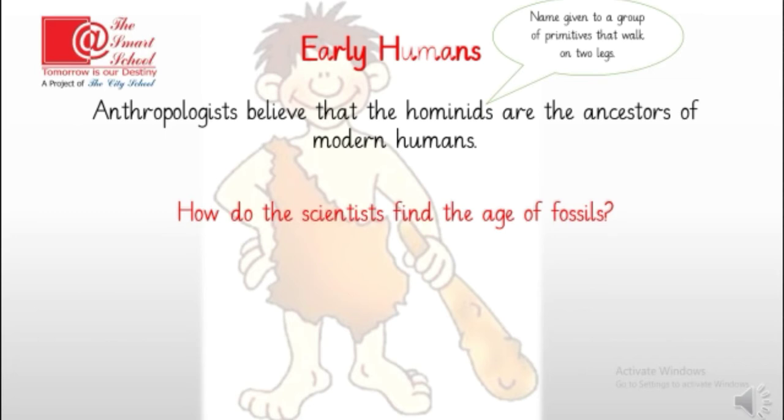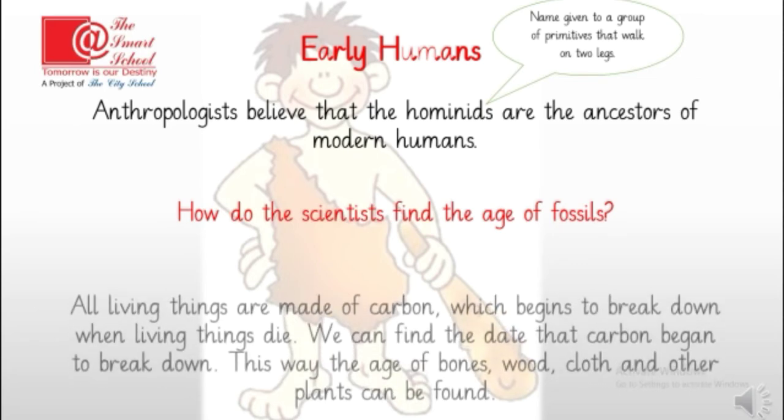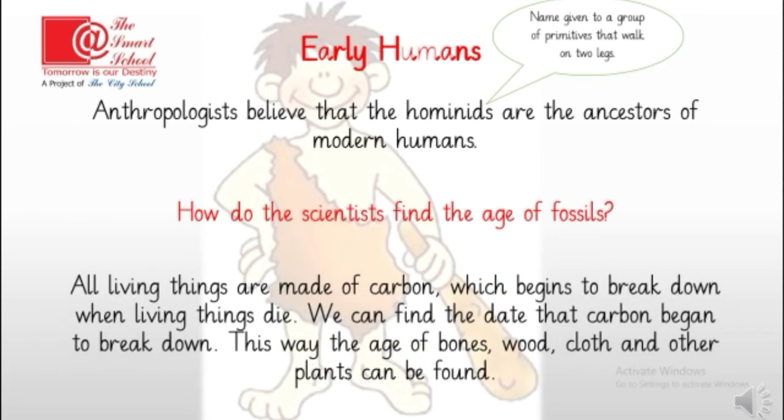Now, how do the scientists find the age of fossils? All living things are made of carbon, which begins to break down when living things die. We can find the date that carbon began to break down. This way, the age of bones, wood, cloth, and other plants can be found.